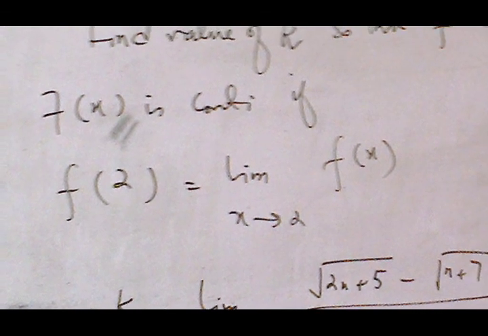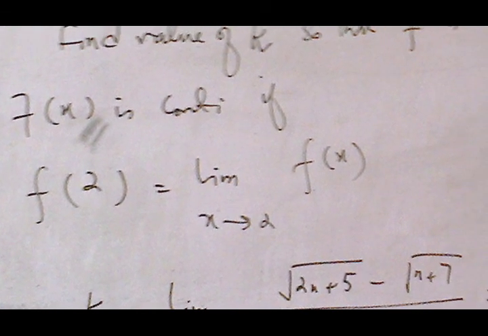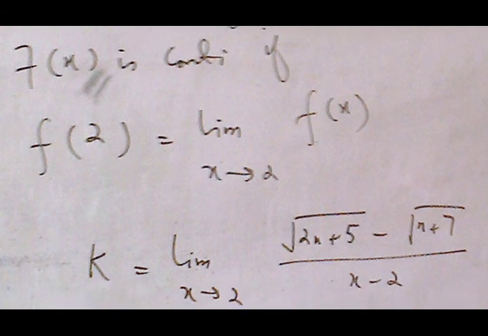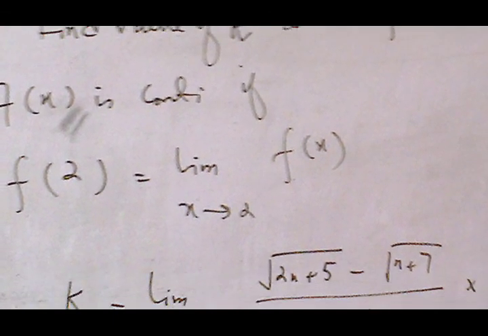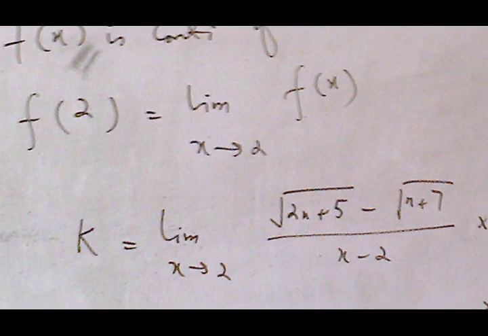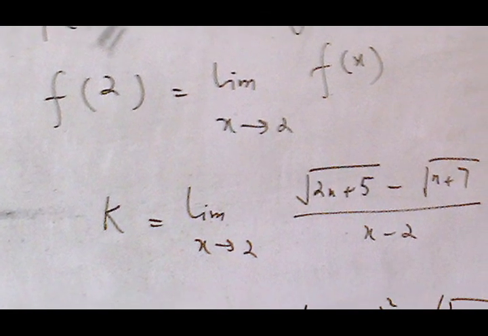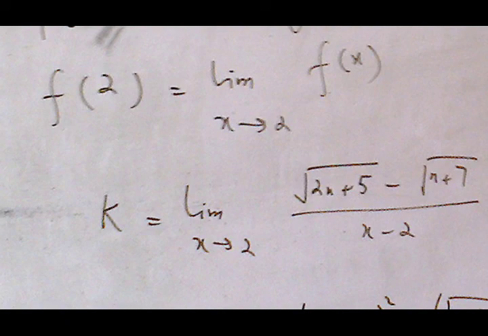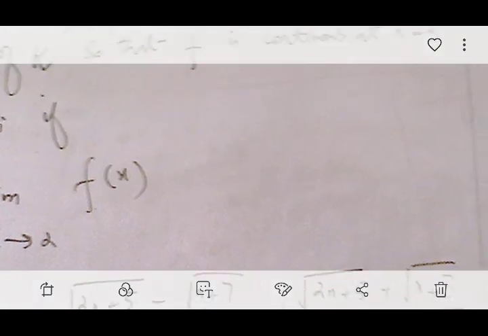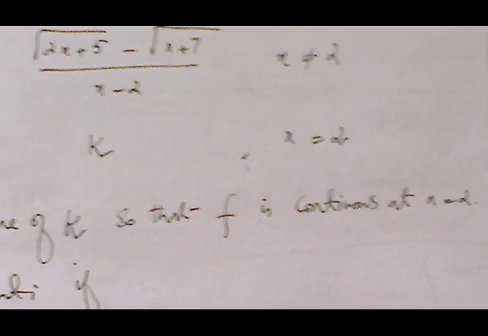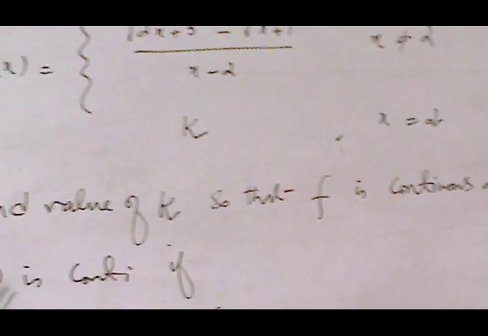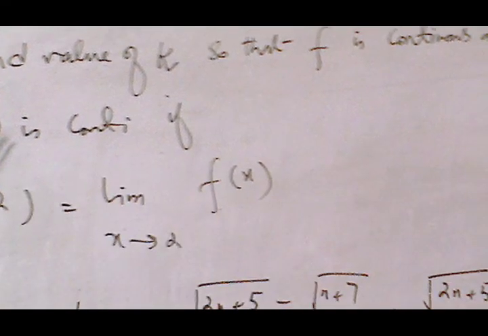Continuous means f of 2 is equal to the left-hand and right-hand limits. Because we have a not-equal function, for left-hand and right-hand we only solve once. F of 2 gives the value k. In the question, at x equal to 2, it is equal to k.